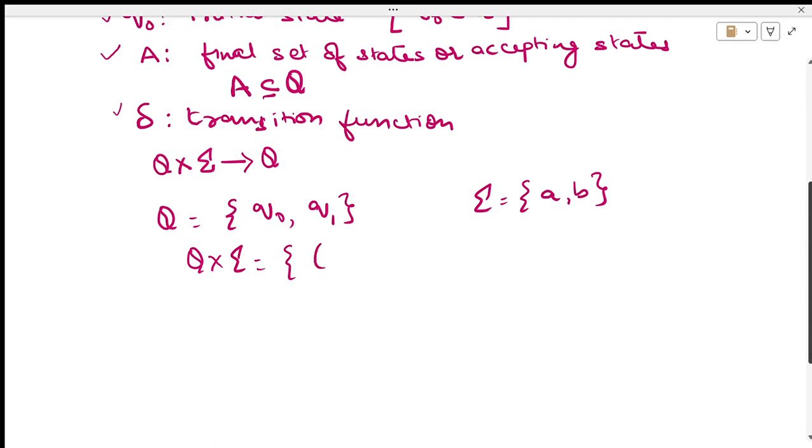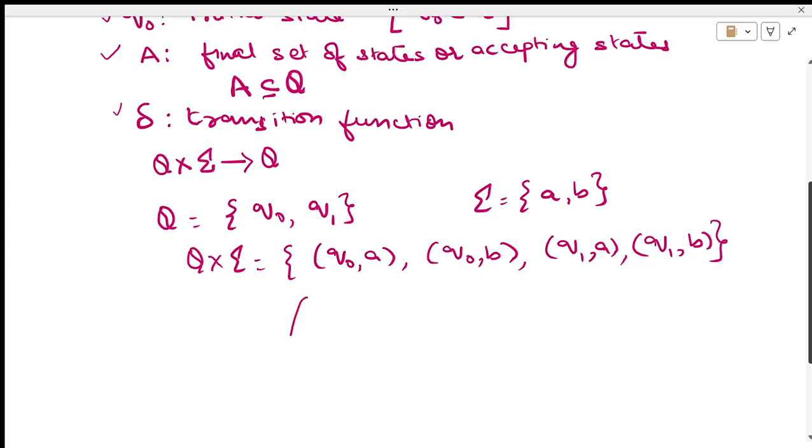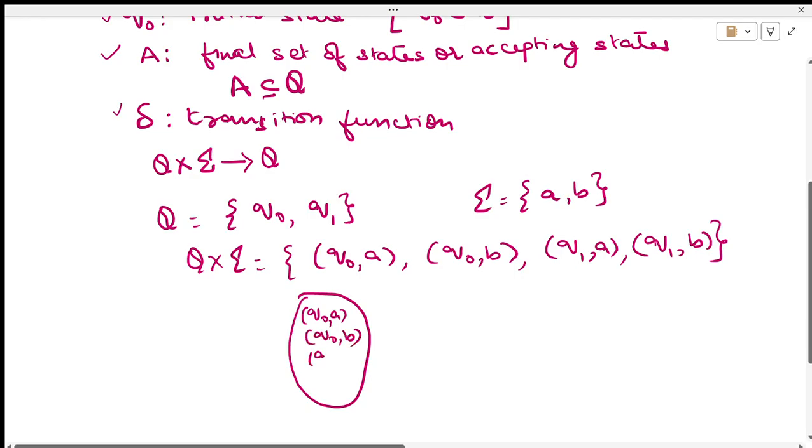It will be Q naught A, Q naught B, Q1 A and Q1 B, mapping to Q, whose elements are Q naught and Q1.